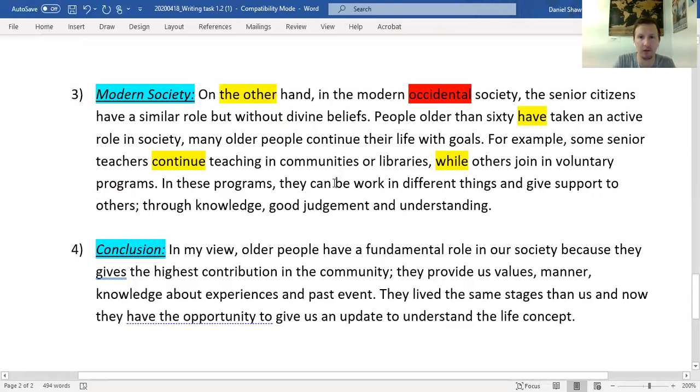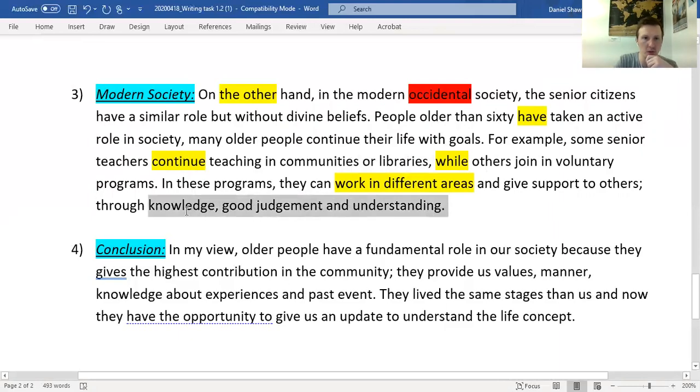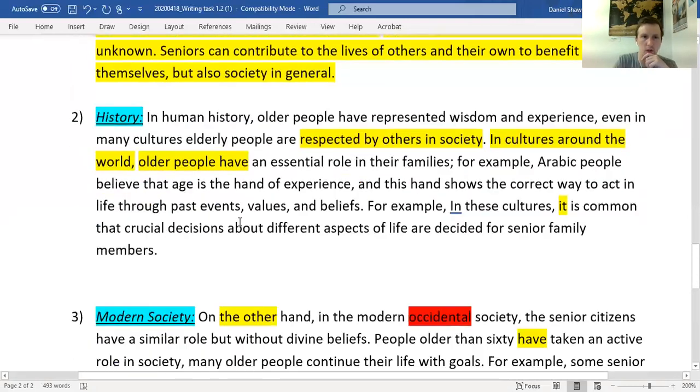Okay. In these programs, they can be work. So they can work in different things, different areas. Let's correct this. And give support to others. Yeah, that's fine. Through knowledge, good judgment, and understanding. Okay, so far so good.